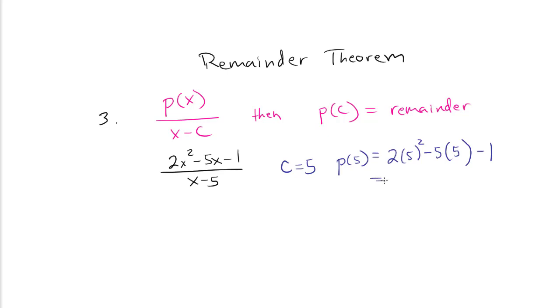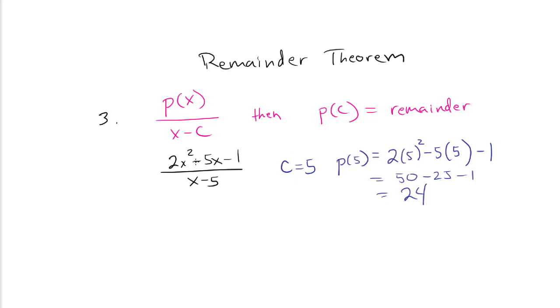What do we get as a result? 5 squared is 25 times 2 is 50. Minus 5 times 5 is minus 25 minus 1. The result is 24. My remainder for this division is going to be 24.